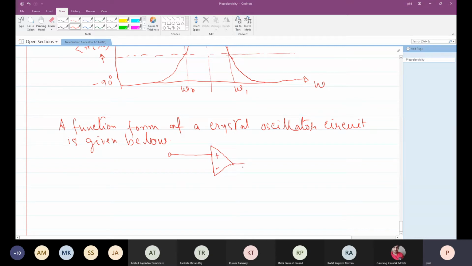In the feedback path, we use this circuit.